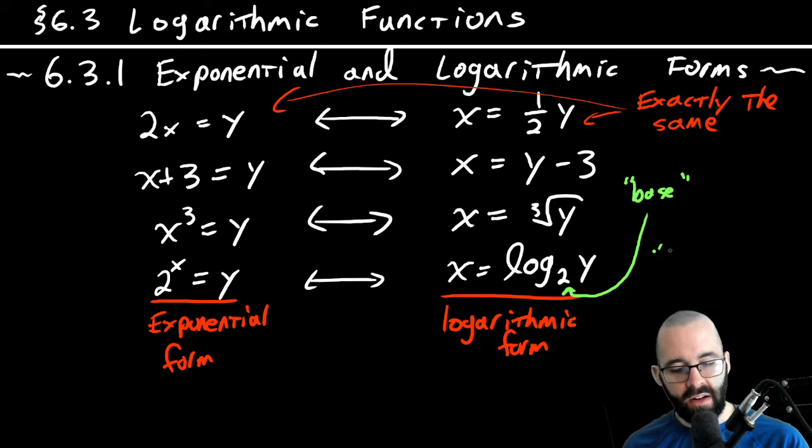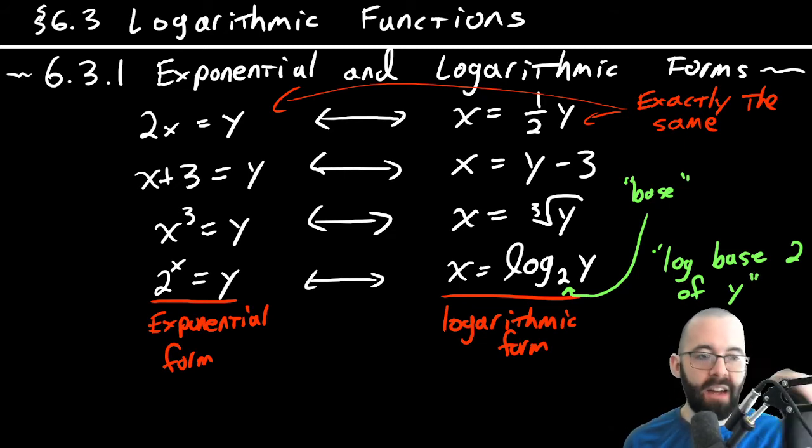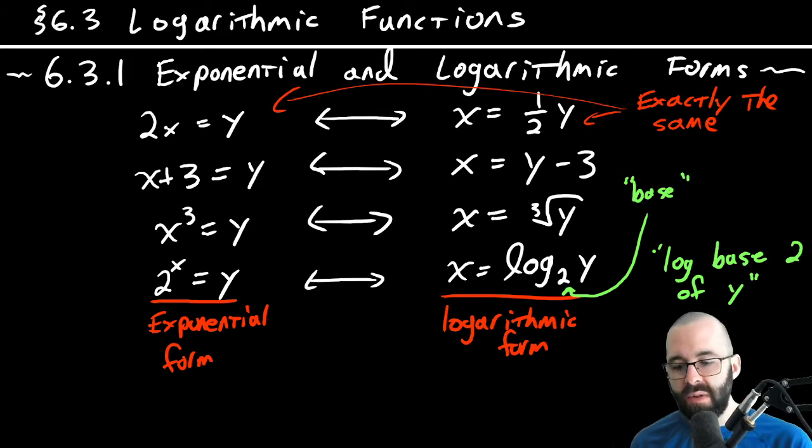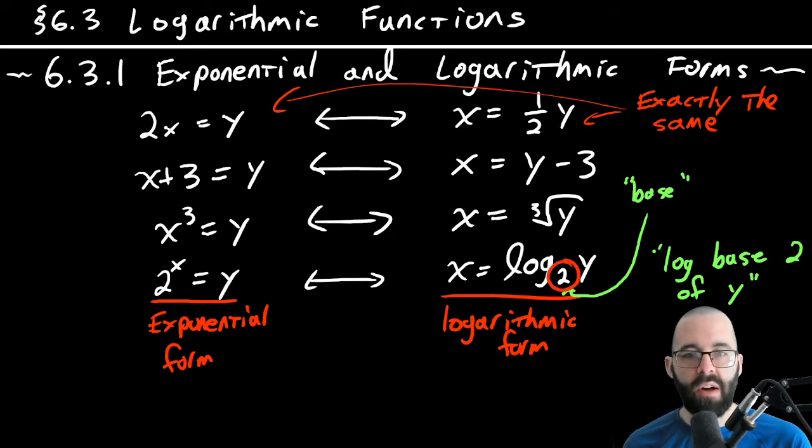This whole thing is said log base 2 of y. That's how we pronounce it. And again, that base is a subscript. So notice a couple things. The base of the exponential function is the same as the base of the logarithm. That's one way to remember things.